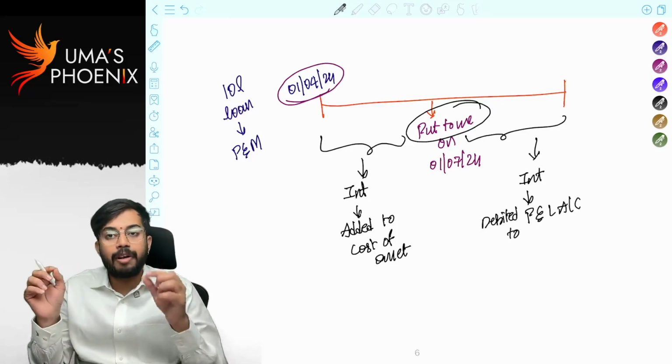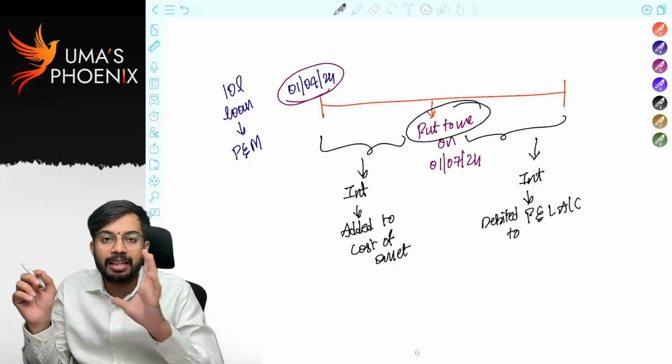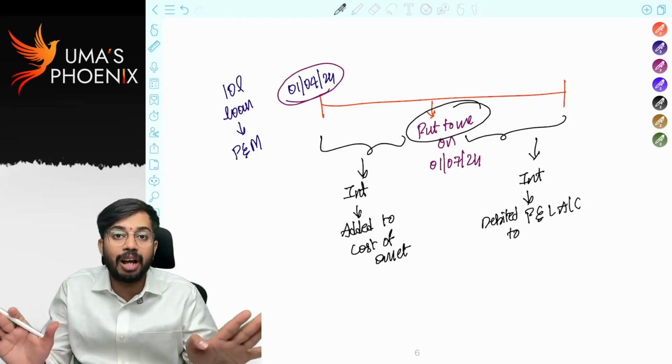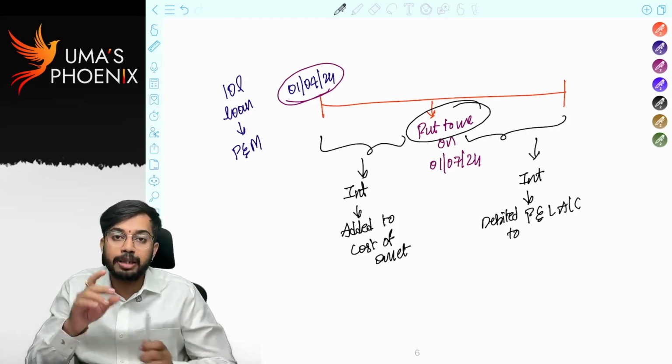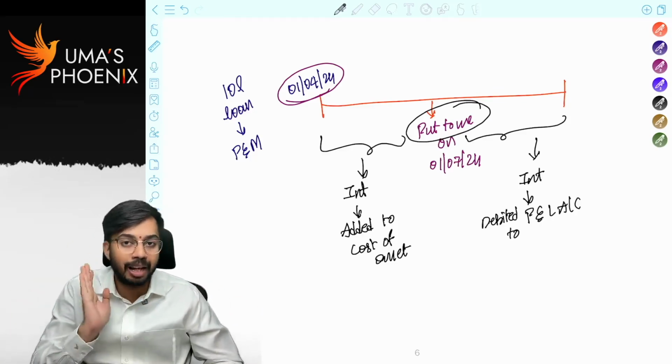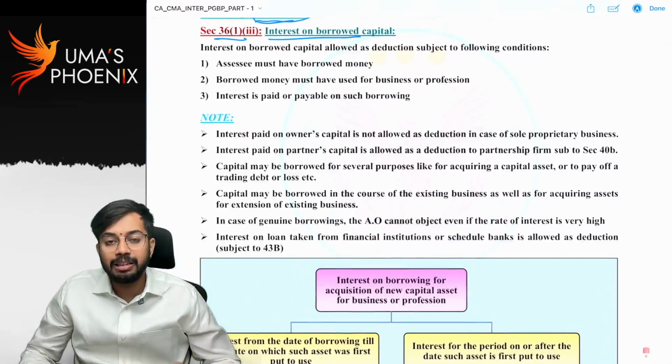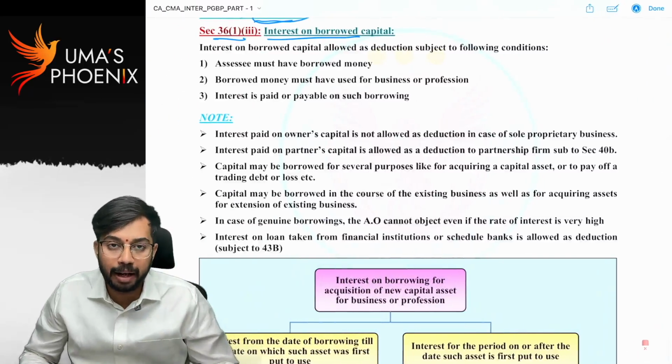That means from the date of borrowing up to the date when the asset was put to use, the interest expenditure is not allowed as deduction in P&L account. That expenditure will be added to the cost of the asset. After the asset is put to use, such interest will be debited to P&L account.